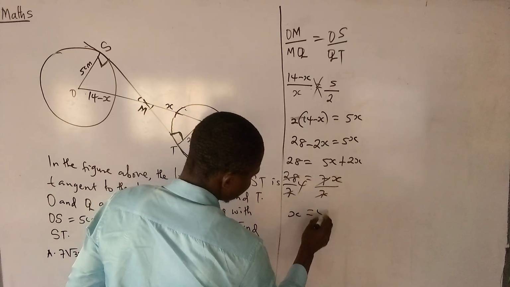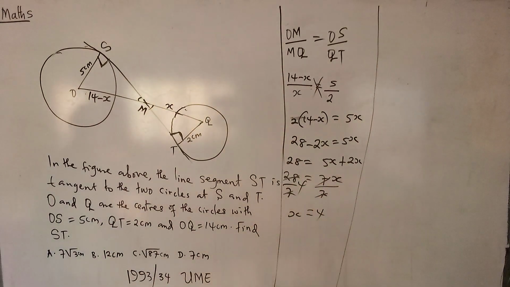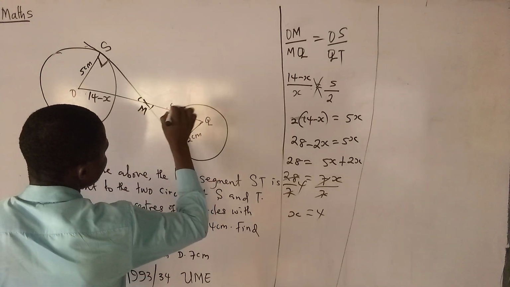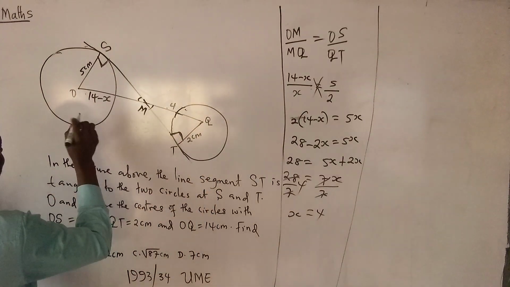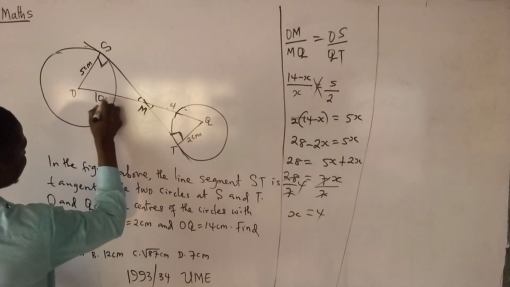So X is 4, and if X is 4, then OM is 10.